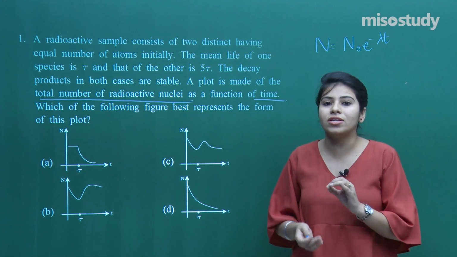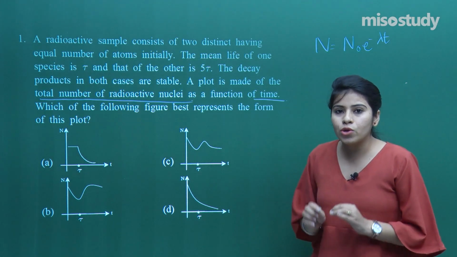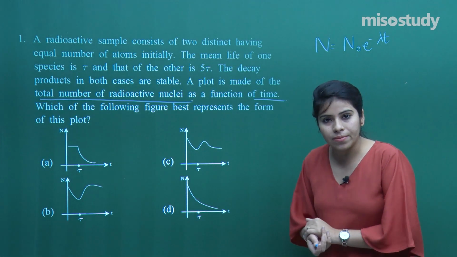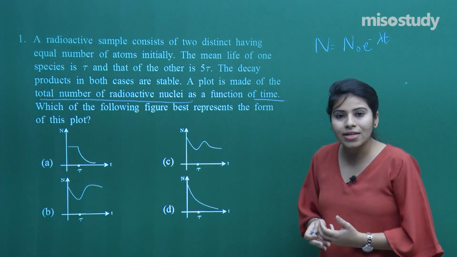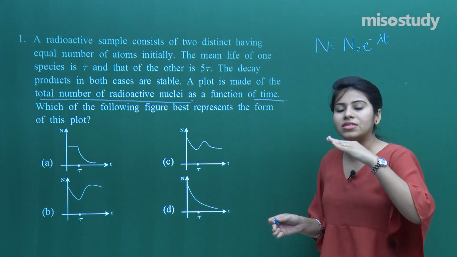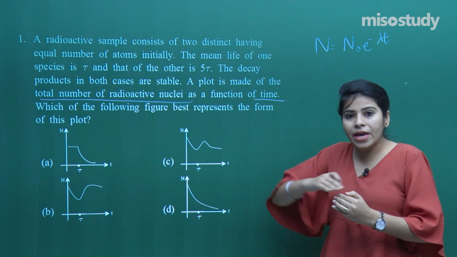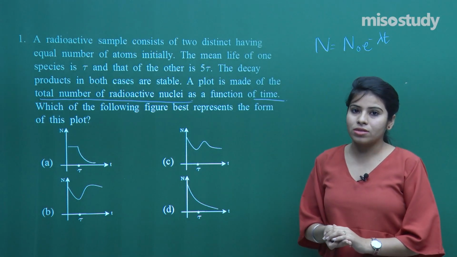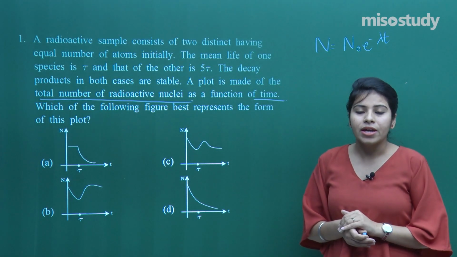However the situation is, the radioactive nuclei are going to decay. It is not the case that it will stay constant, or increase with time. No, that is not going to happen.